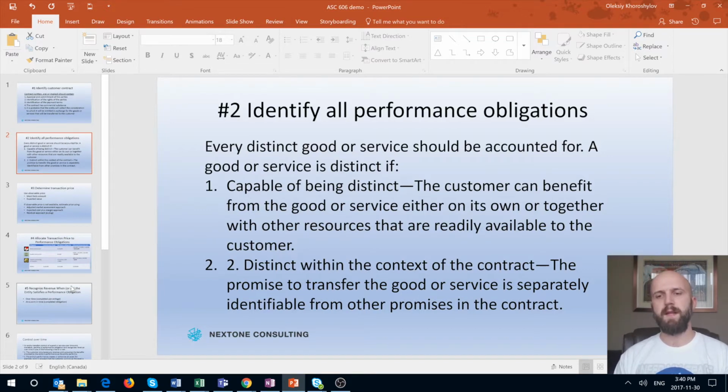That means the customer can benefit from that good or service either on its own or together with other resources that are readily available to the customer. And the second point is that it should be distinct within the context of the contract. The promise to transfer the good or service is separately identifiable from the other promises in the contract.